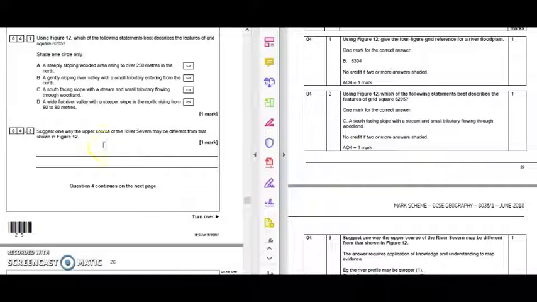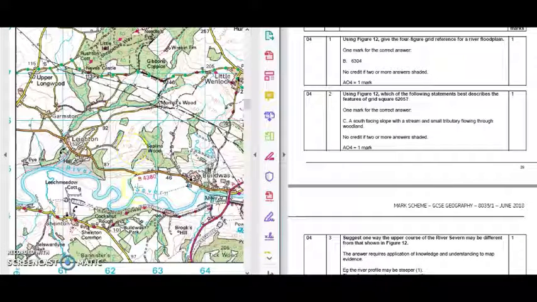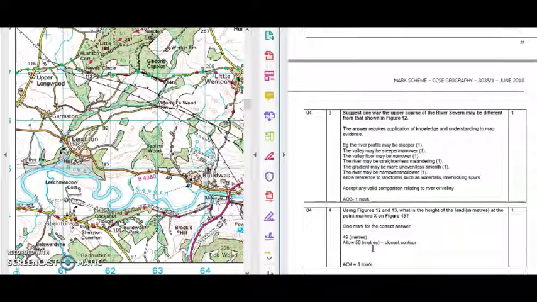And then 4.3 suggests one way the upper course of the River Severn may be different from that shown in figure 12, because this would be the lower course of the river. And we know that because we can see some meanders. You only really get those towards the bottom of the river. So in the upper course, how might this picture be different? I guess the main answers will focus on the steepness of the land.